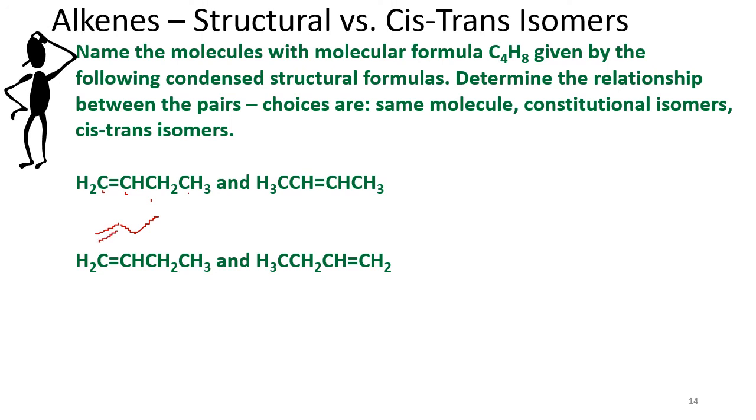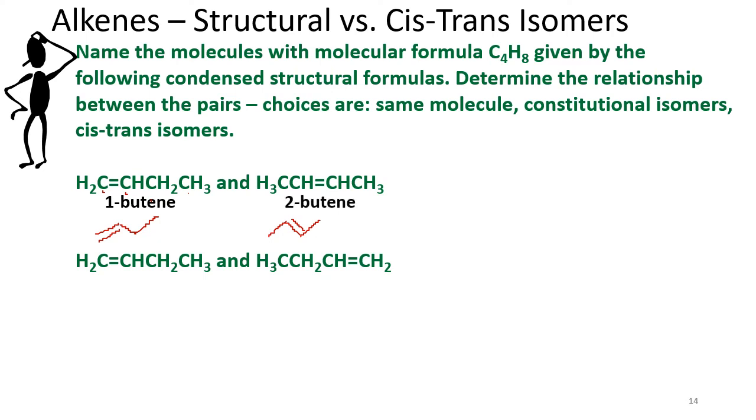Carbon-carbon double bond at the end. And then this one I have 1, 2, 3, 4 carbons, and the carbon-carbon double bond in the middle. So they have different connections. Name that as 1-butene, 2-butene.